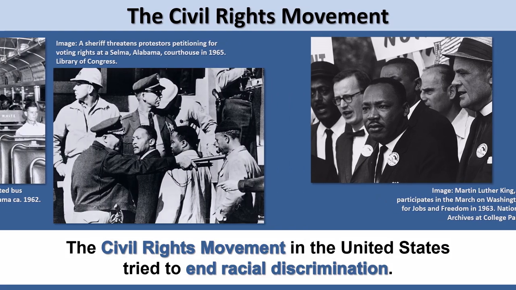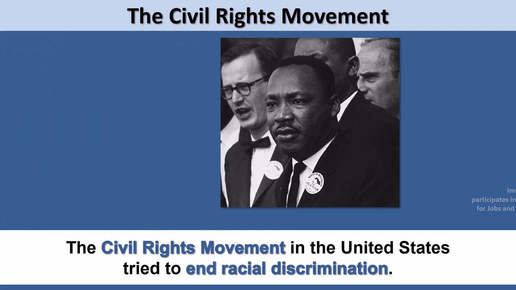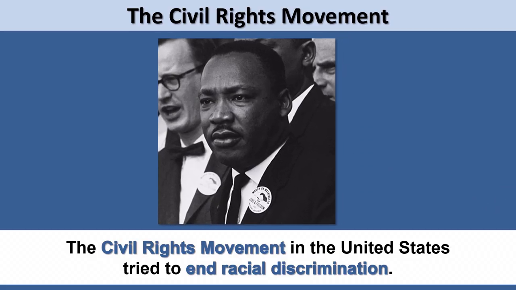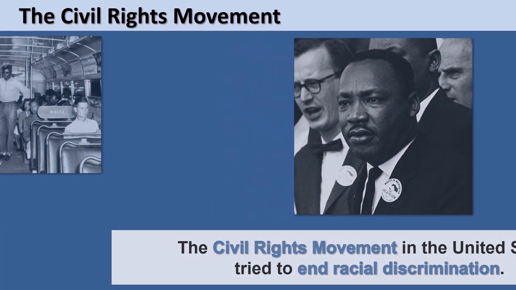When people talk about the civil rights movement today, they're most often discussing how Black Americans like Martin Luther King Jr. used demonstrations, boycotts, speeches, court cases, and the press to petition the government for an end to racial discrimination. Racial discrimination comes in many forms.